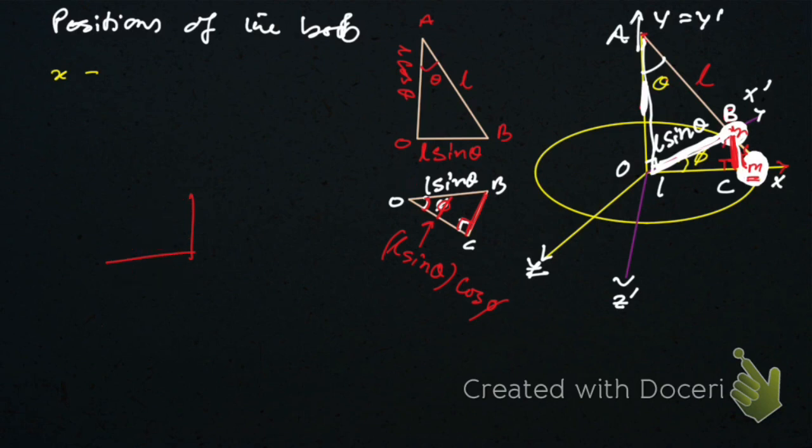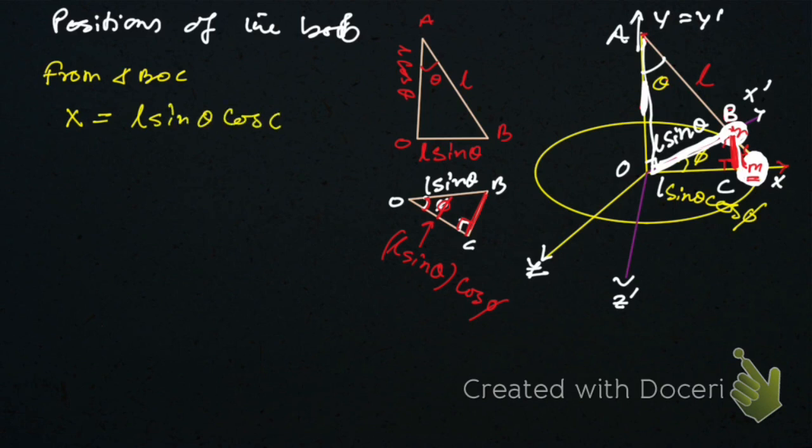Now you see, from triangle BOC we get x is equal to L sin theta cos phi.